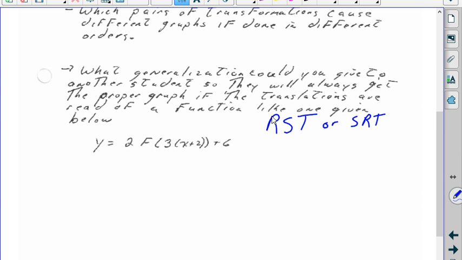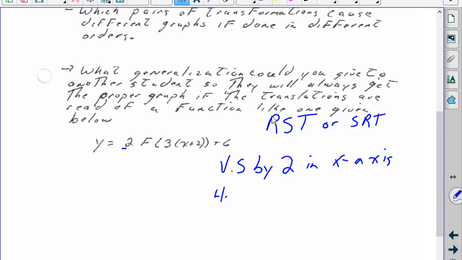Okay. So we have 4 transformations that we have to deal with here. We have a vertical stretch by 2 in the x-axis.